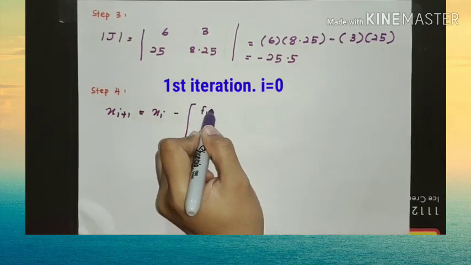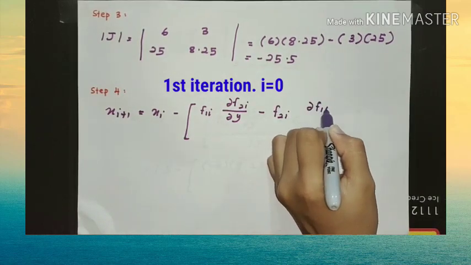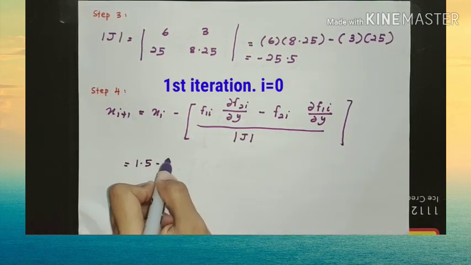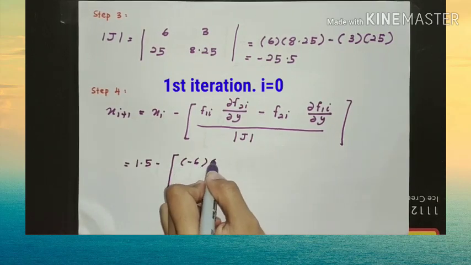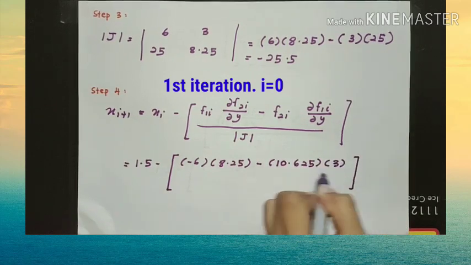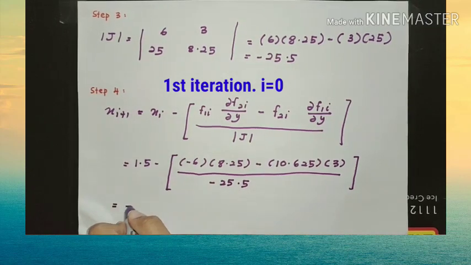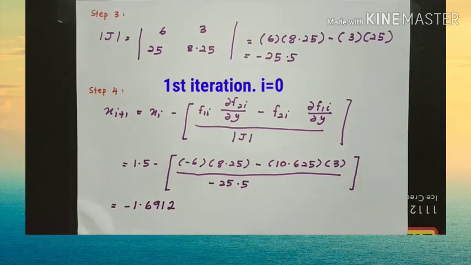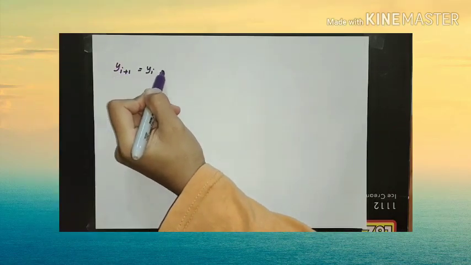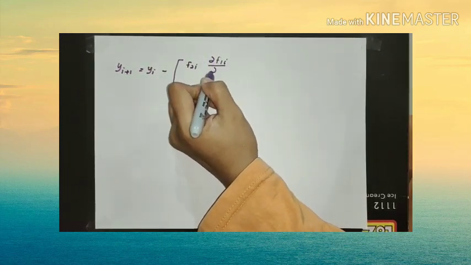For the first iteration, i is equal to 0. So when we substitute i equal to 0, we have our x1. Substitute all the values you have into our formula. So we have our x1 is equal to minus 1.6912. Continue our calculation to find y1. Substitute all the values we have into the formula of Newton-Raphson.